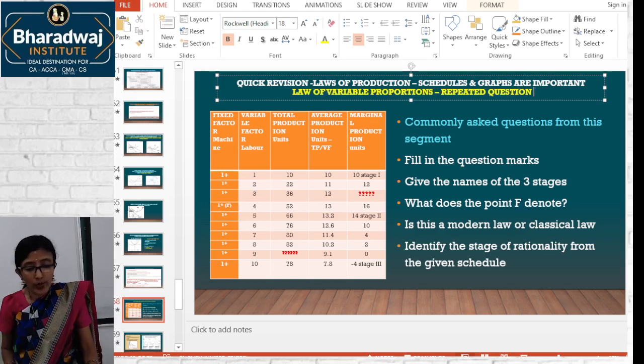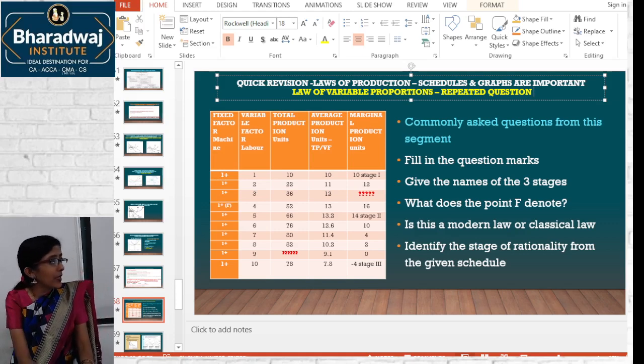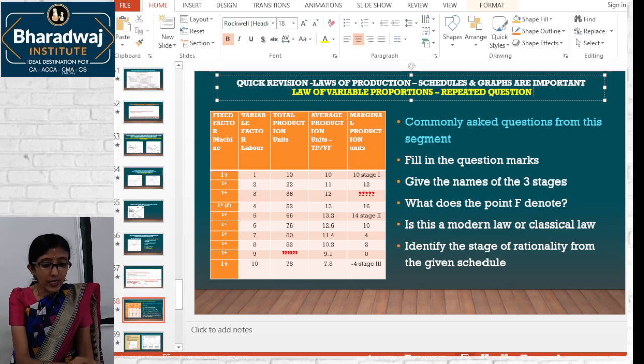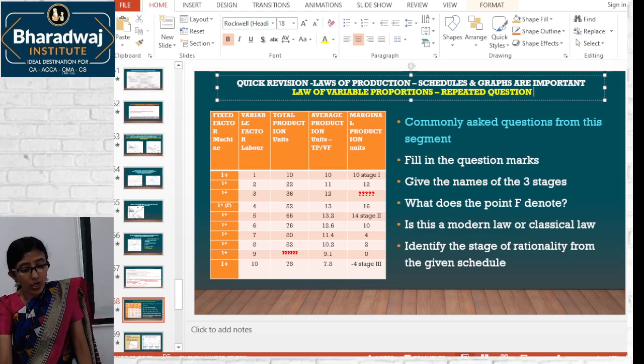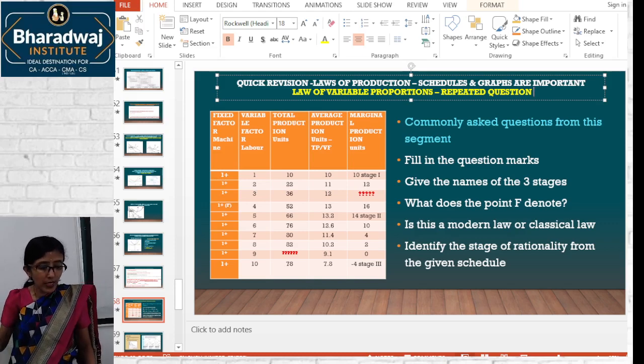So commonly asked questions are, as usual, filling the TP, AP and MP. You can fill it up. Then give the names of the three stages. What does F denote? Is this a modern law or a classical law? Identify the stage of rationality from the given schedule. Maximum number of questions I've given you here. You have to tell me.